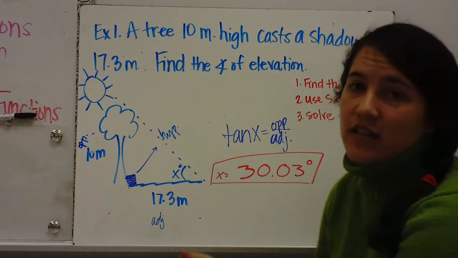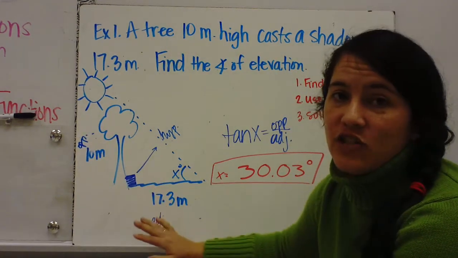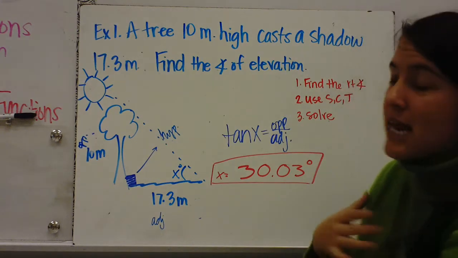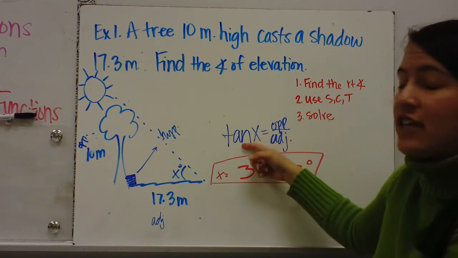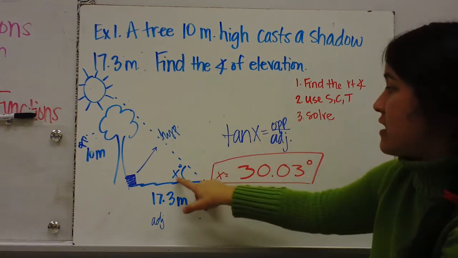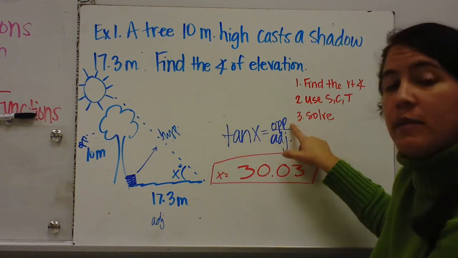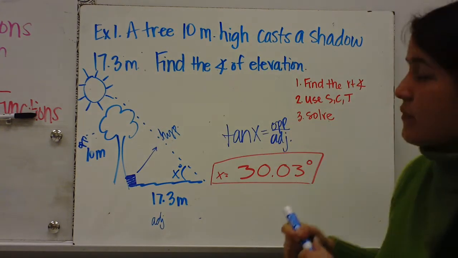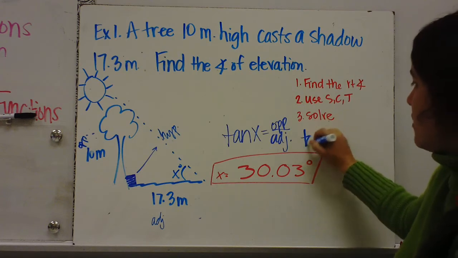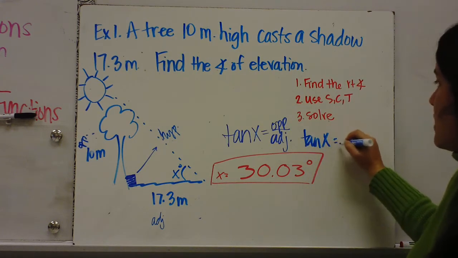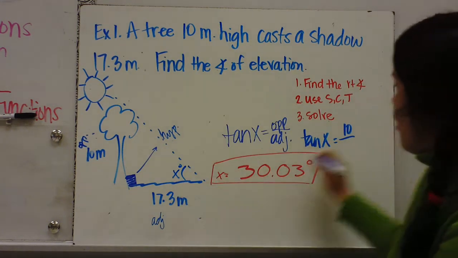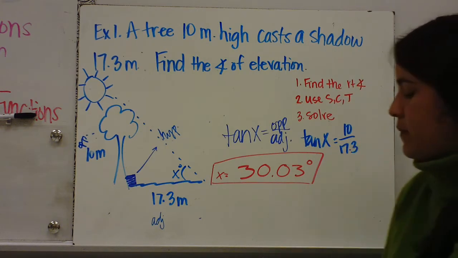Because the values I gave you in this problem were opposite and adjacent, we want to use tangent. So tangent of x degrees is equal to the opposite over the adjacent, which is 10 over 17.3.